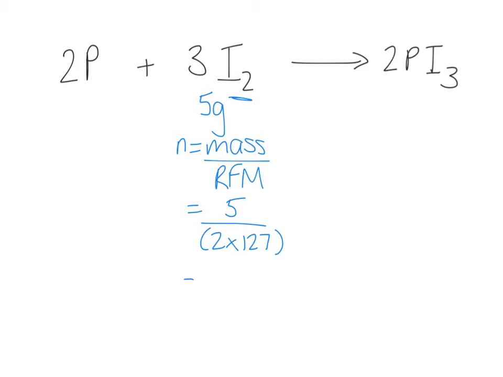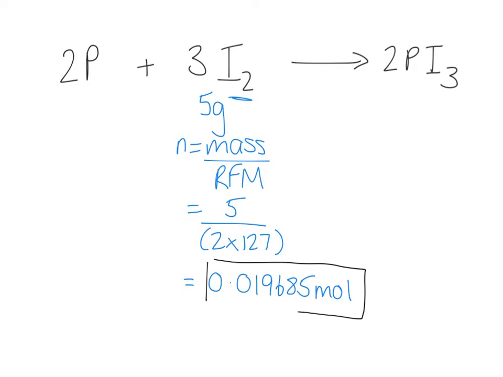And that gives us a value of 0.019685 moles. And that's the number of moles of iodine that we have used. Now you'll probably round that off to maybe 0.01969 or 0.0197. So that's your answer to part 1.